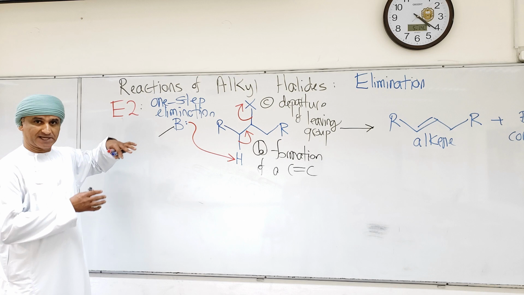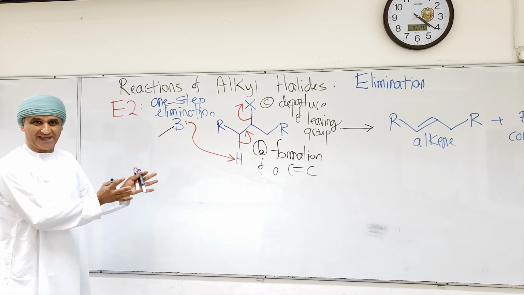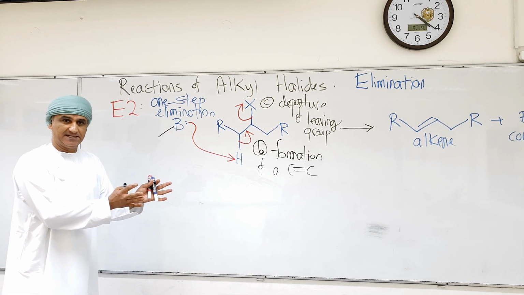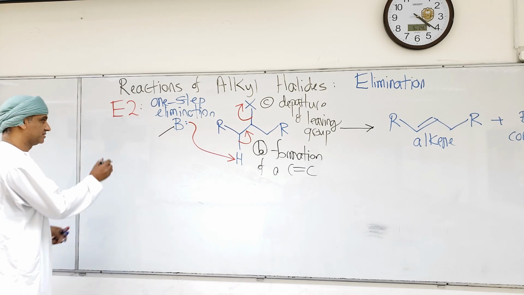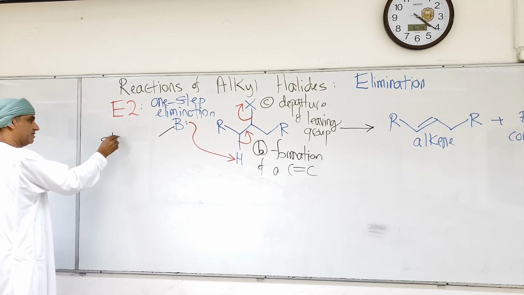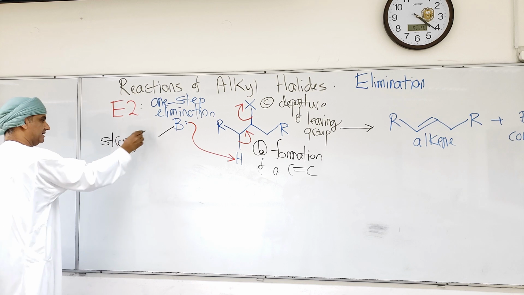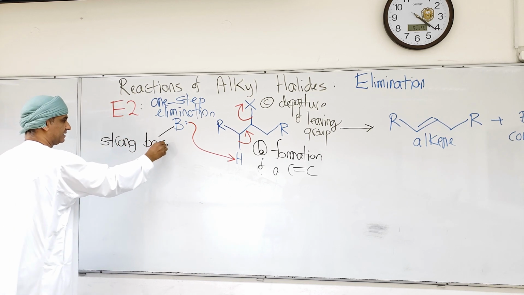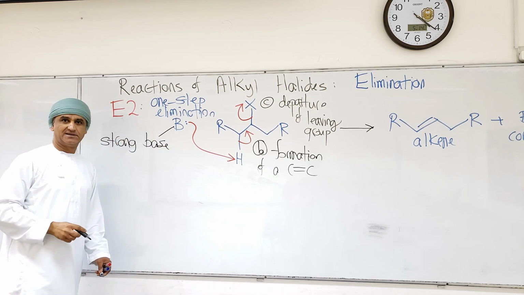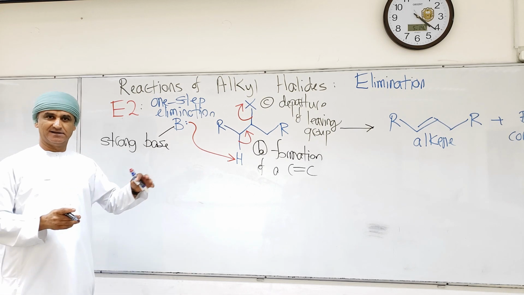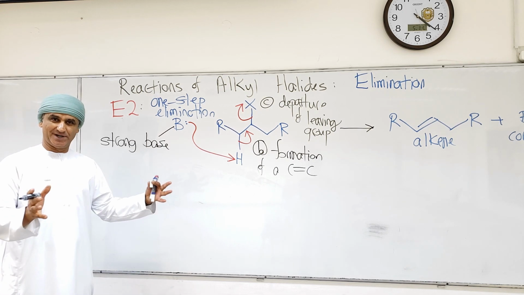For the three events to take place simultaneously, the base should be strong, so that it is able to do these three events in one go or in one step.